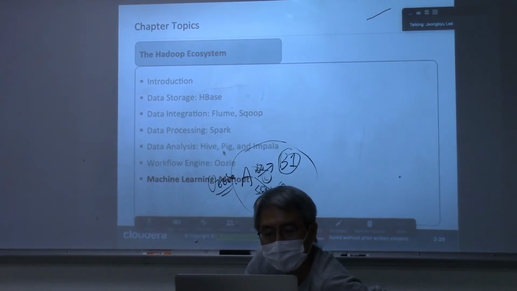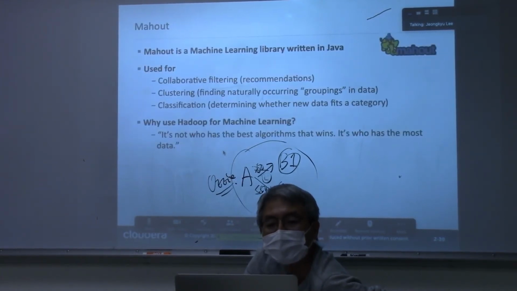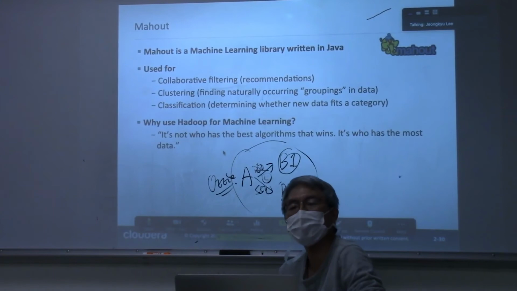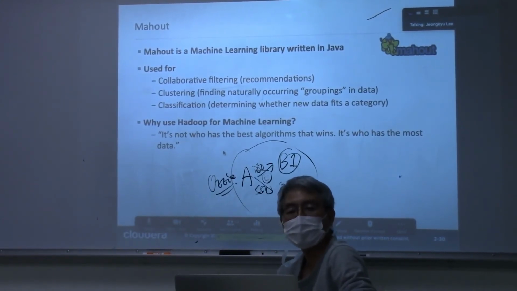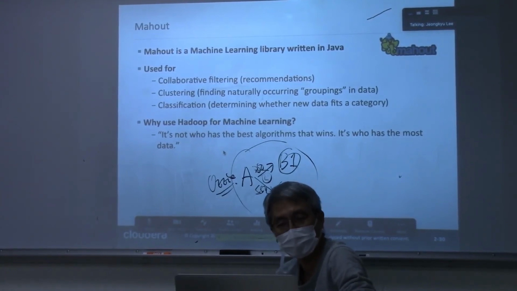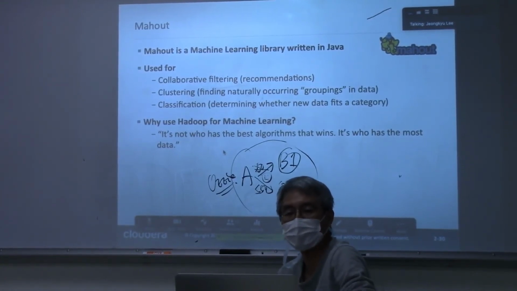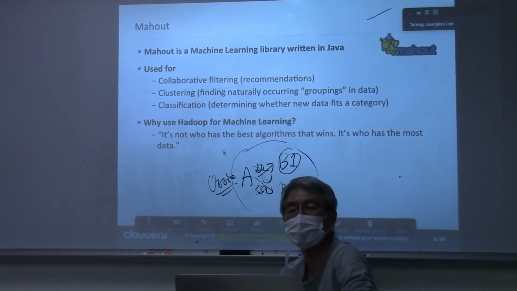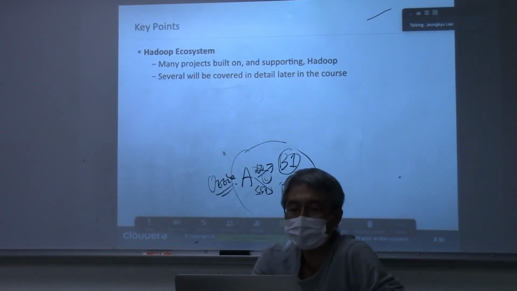Mahout is a machine learning library written in Java, running on Hadoop. They support many algorithms, for example collaborative filtering and recommendation systems, clustering as unsupervised learning, classification as supervised learning, and many others.